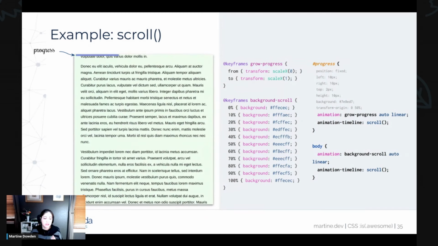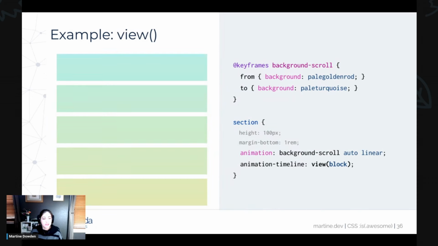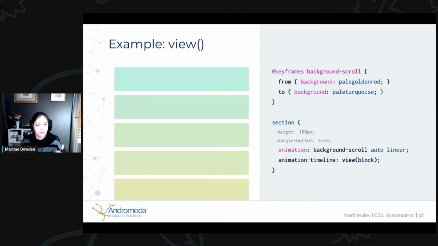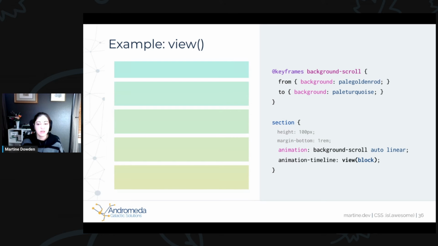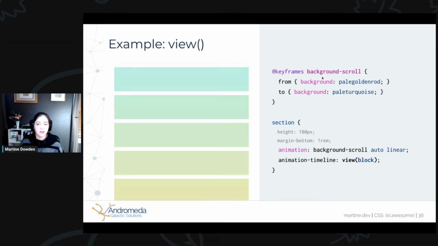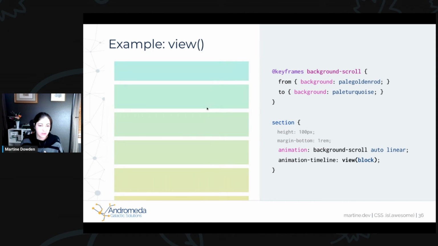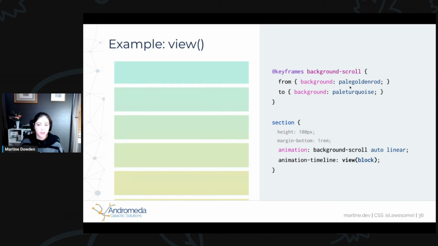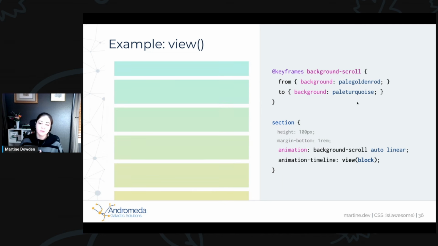The other way is if you wanted to do something more parallax related. In this case, as you scroll, I'm forcing the colors of these rectangles to stay put and to keep my gradient. So I've told it that the background for each of my containers, each of these rectangle containers, goes from pale goldenrod to pale turquoise.